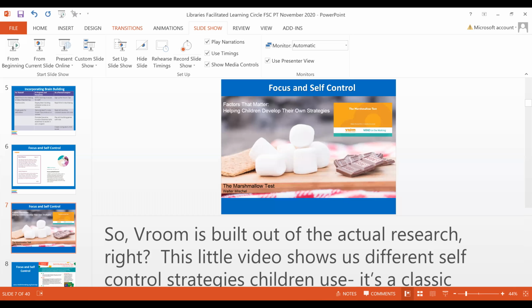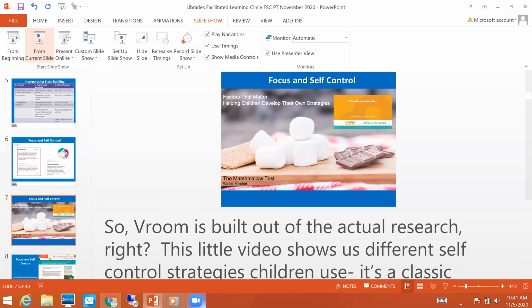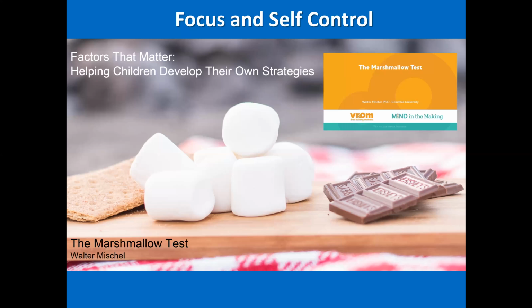So I think that's a classic example of the research that's in Mind in the Making, and it also shows us that research bears out some of that developmental timeline about when those skills develop, and then obviously the value in promoting strategies to develop focus and self-control.